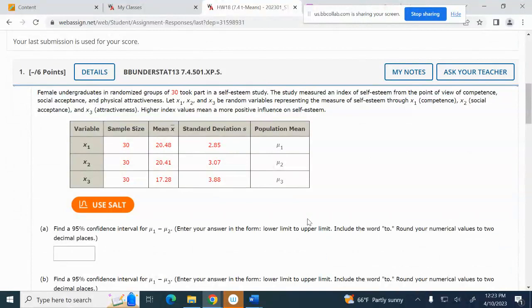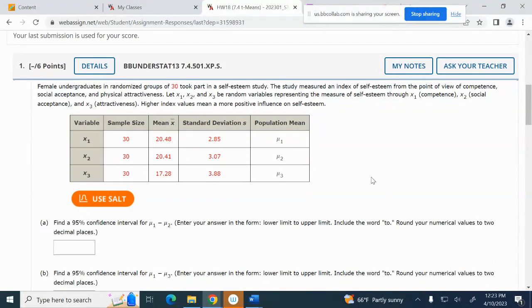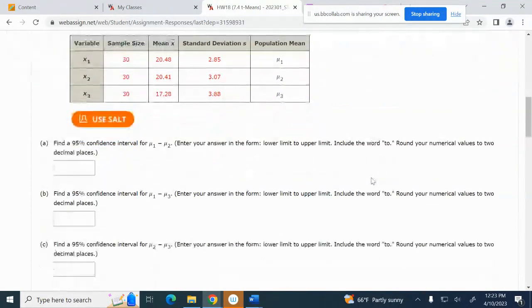Part B, another difference between 1 and 3. And the next one, another difference between 2 and 3. Pairwise. Even though we have 3 groups, it is the 95% confidence interval for the mean difference between 1 and 2, between 1 and 3. That is the reason why I pick only 2 questions. It has 3 and 3 and 3, 6, right? So I just take the 2.